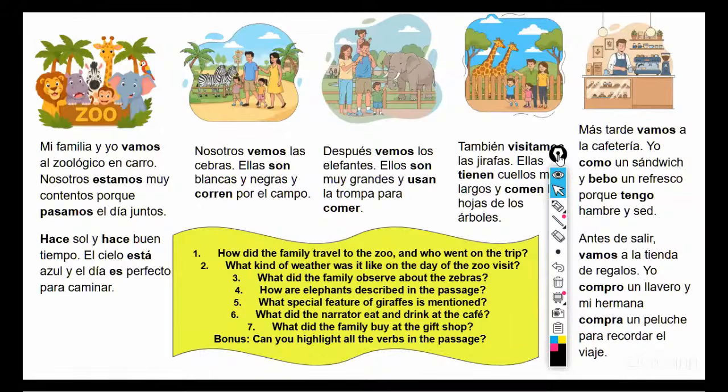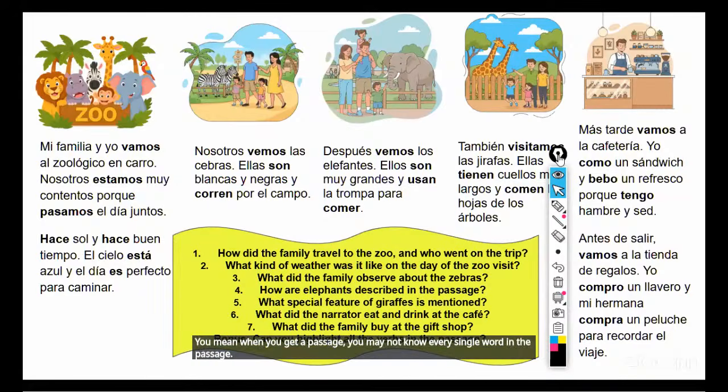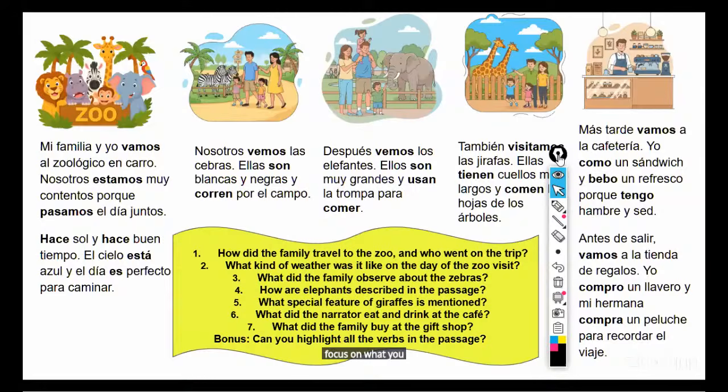And I'll just remind us as you're doing that, when you get a passage, you may not know every single word in the passage. Focus on what you do know and make reasonable guesses, inferences for the rest.